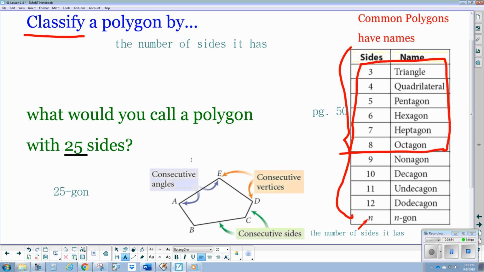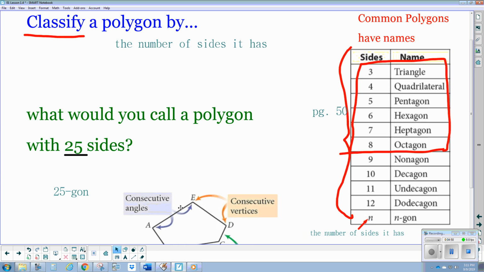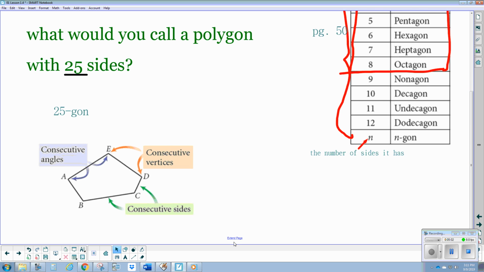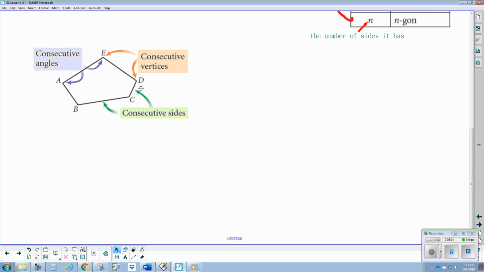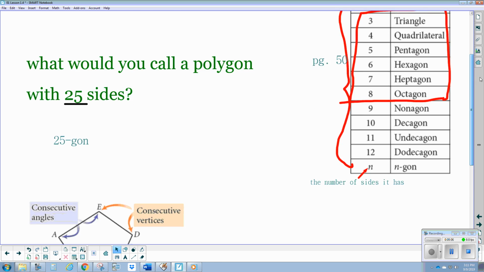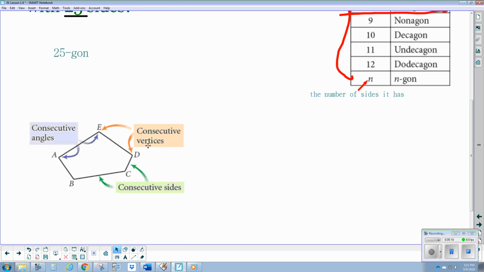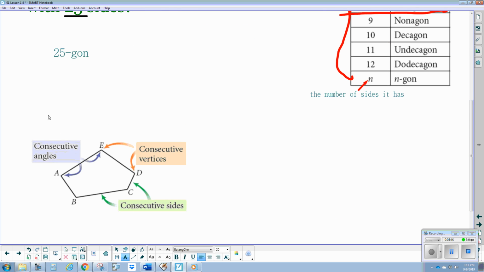Now this next area here, I'm just going to move this down a little bit so that we can tell it's different from classifying polygons. We classify polygons by giving them one of these names: a triangle, a quadrilateral, a pentagon. That's its classification. Now, when we actually name polygons, we name a polygon based on its vertices.